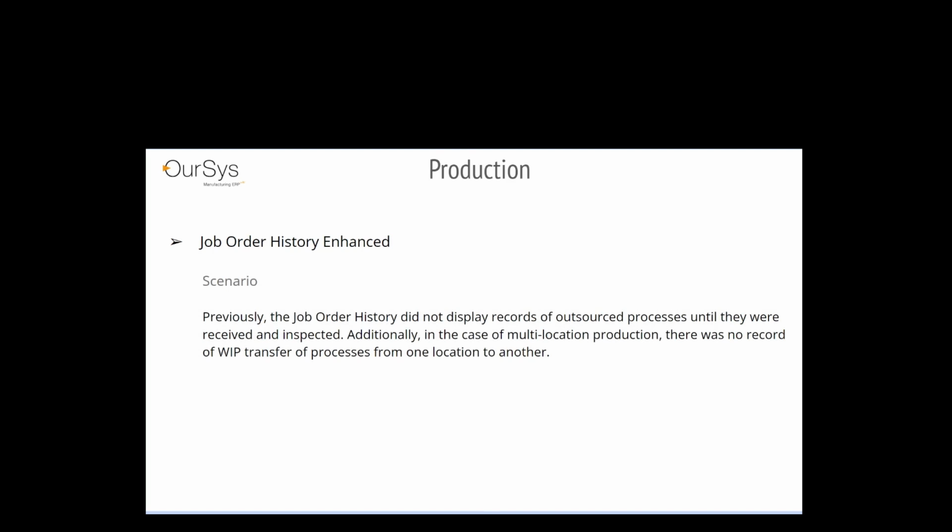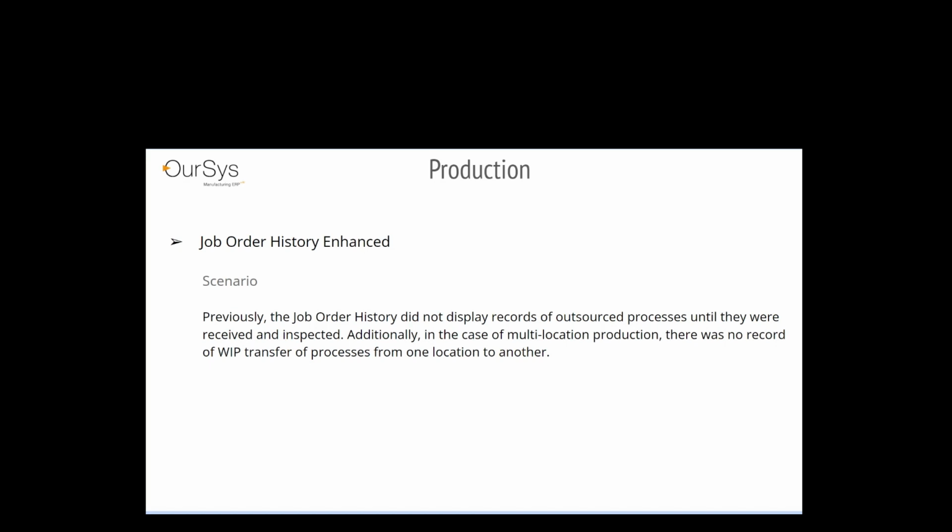Now, moving to the next module, that is production. Under production, job order history enhanced. Previously, the job order history did not display records of outsourced processes until they were received or inspected.